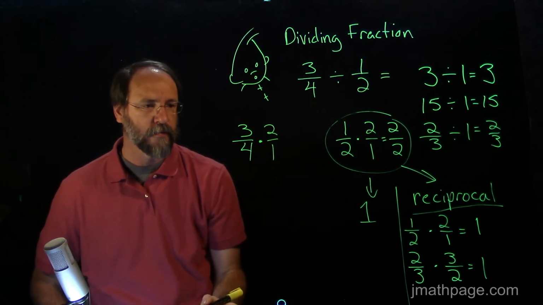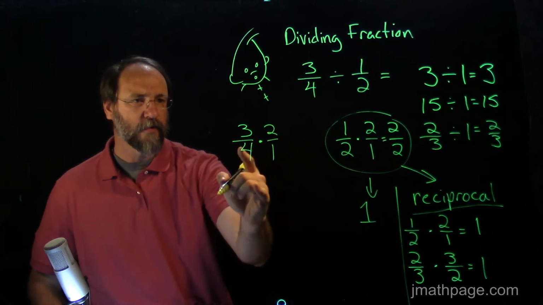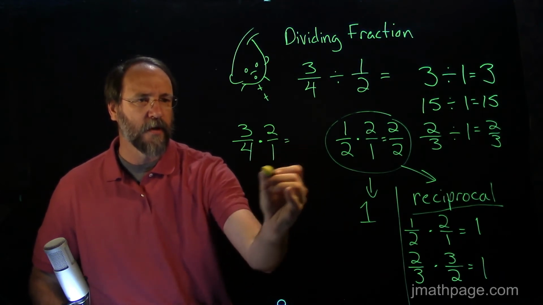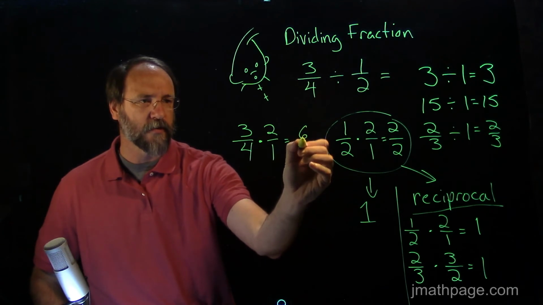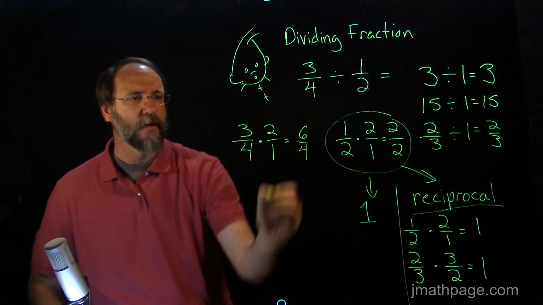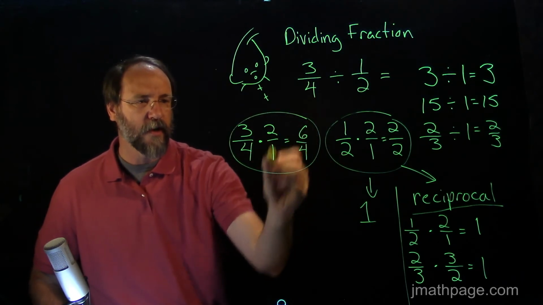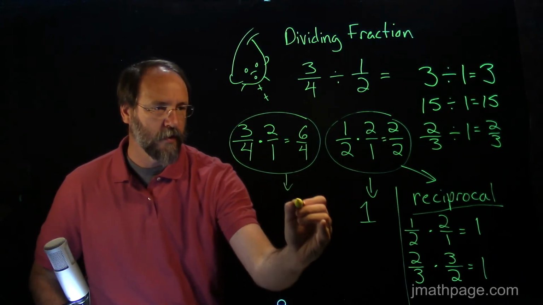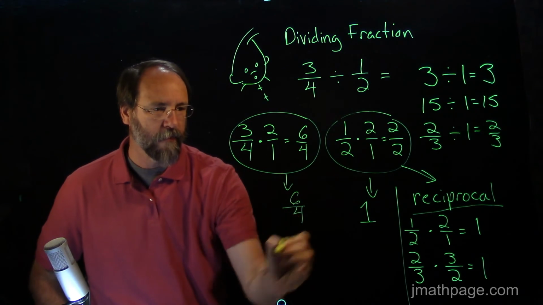So far so good? So let's think about this for a moment. 3/4 times 2/1 is equal to 3 times 2 is 6, and 4 times 1 is 4. Okay, so when we get all this together, this gives us 6/4.